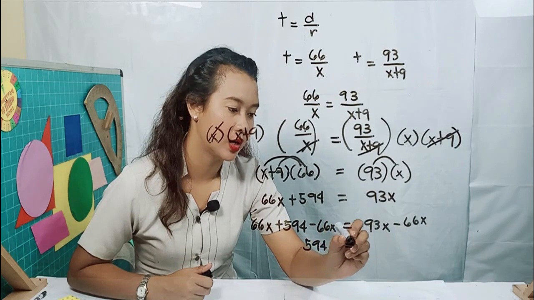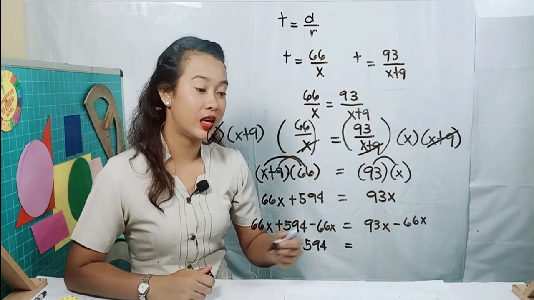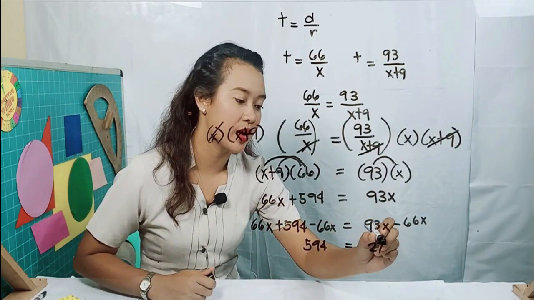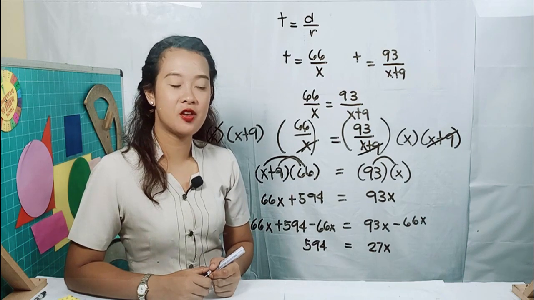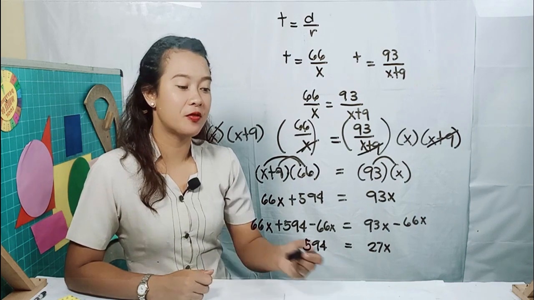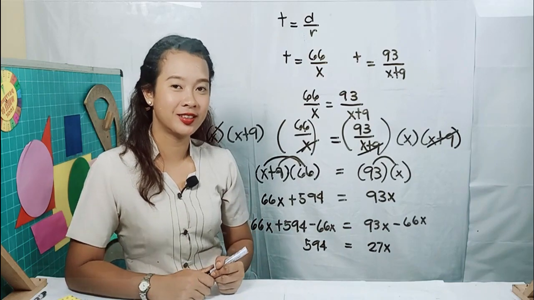594 equals 93x minus 66x is 27x. Apply the division property of equality by dividing 27 on both sides of the equation.